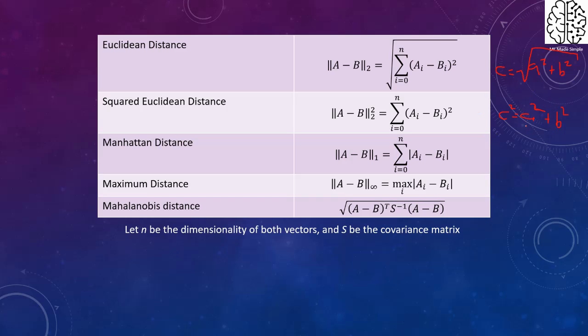The nice thing about this one, the squared Euclidean distance, which I generally like to go with, is that you don't have to take the square root of each item. You get to leave all your numbers as integers, which I'm a big fan of because floats require more memory and are more memory intensive.